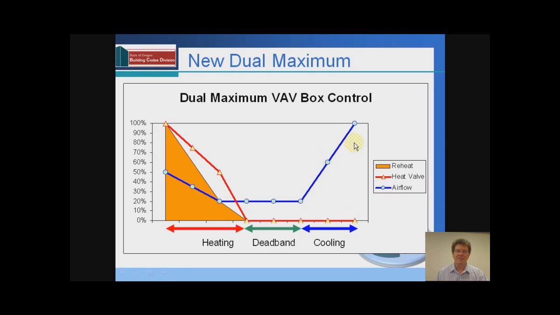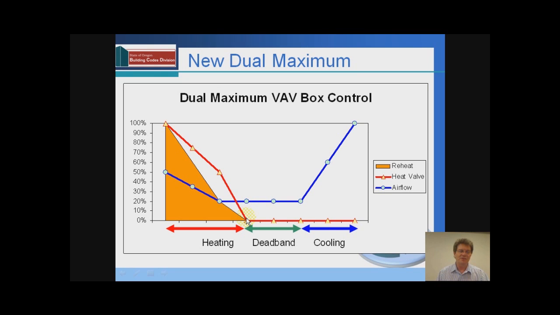Under the new requirement, we have what's called a dual maximum. So I have my 100% maximum for cooling just as before. I throttle down, except now I throttle down to 20%. That lower airflow saves me energy, both fan and reheat energy through the deadband range, or no reheat energy here, but it saves me fan energy, as well as I avoid overcooling the space during the deadband range.